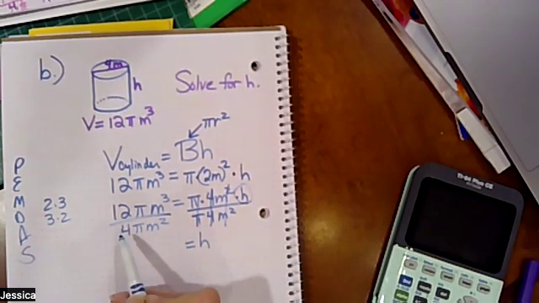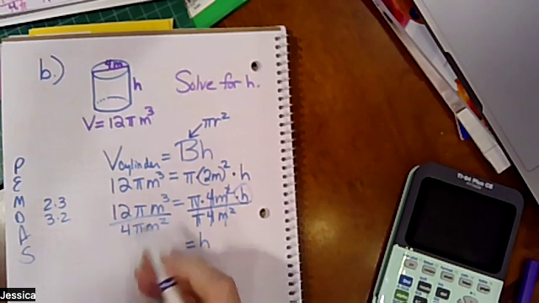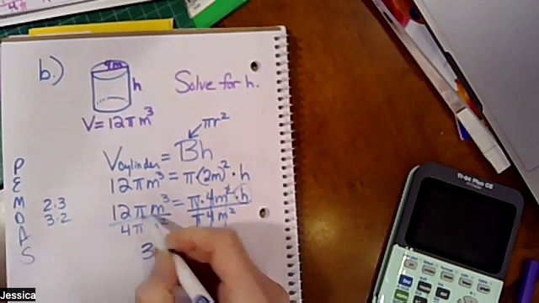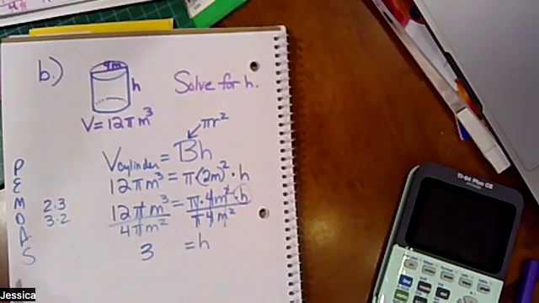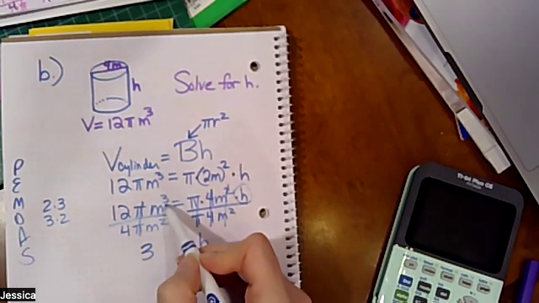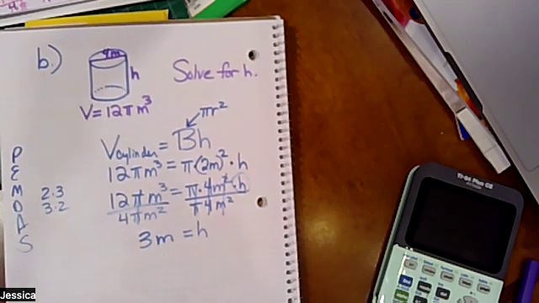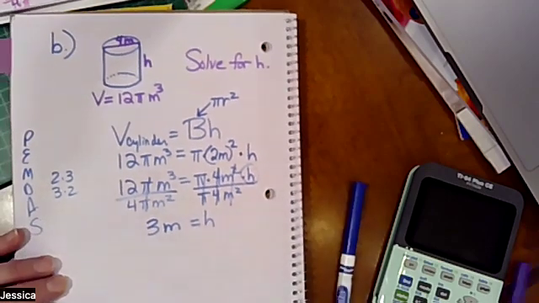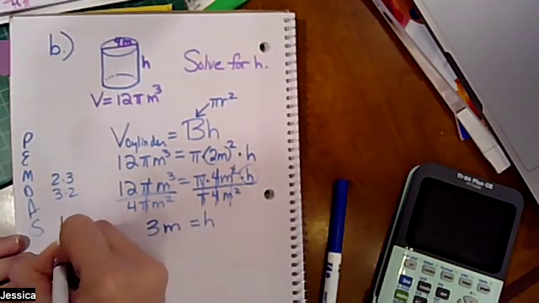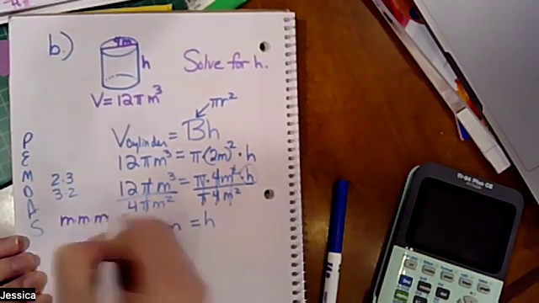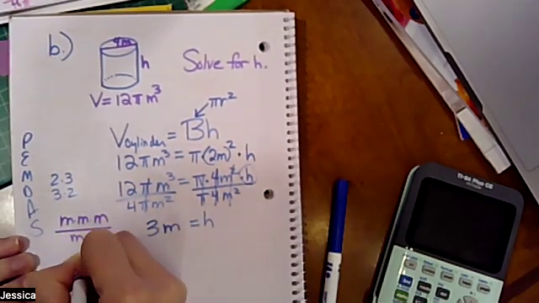And on the left, 12 divided by 4 is 3. The pi's cancel out. And m cubed divided by m squared, you're just left with m. Okay, so it's 3 meters. And if that doesn't make sense, real quick, meters cubed is m times m times m. M squared is m times m.